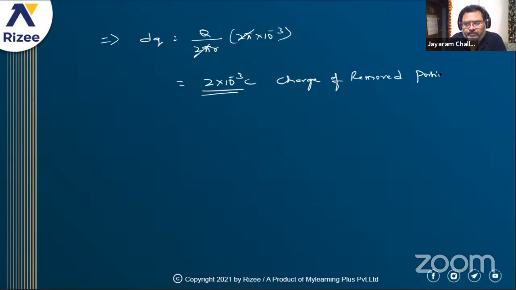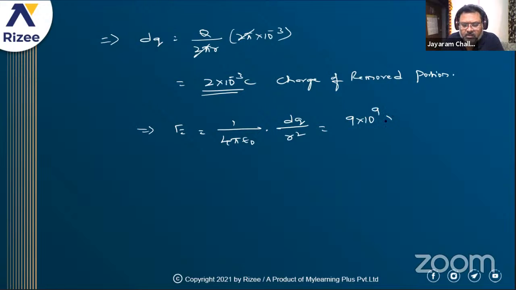Now from this, if I try to find the electric field at the center, it will be 1 by 4π epsilon naught times dq by r squared, which is 9 into 10 to the power of 9 into 2 into 10 to the power of minus 3, which is your charge, divided by the radius 0.5 whole squared.